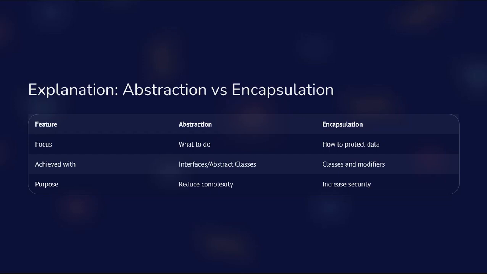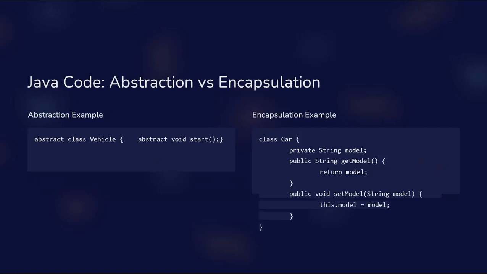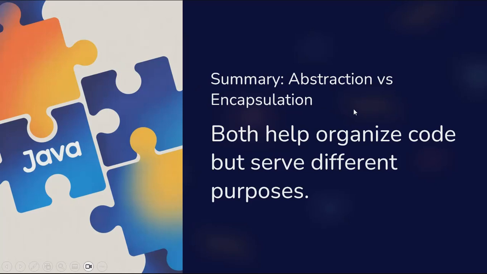The purpose of abstraction is to reduce complexity, and for encapsulation, to increase security. So you can see that here is one example of abstraction with abstract class Vehicle and one abstract method start. But with encapsulation, class Car has one private variable, and for accessing that private variable there are a getter and setter. Right? So the summary is, both help organize code but serve different purposes.